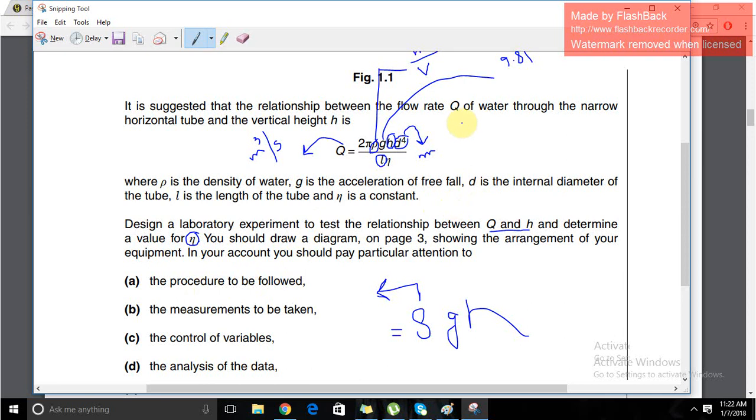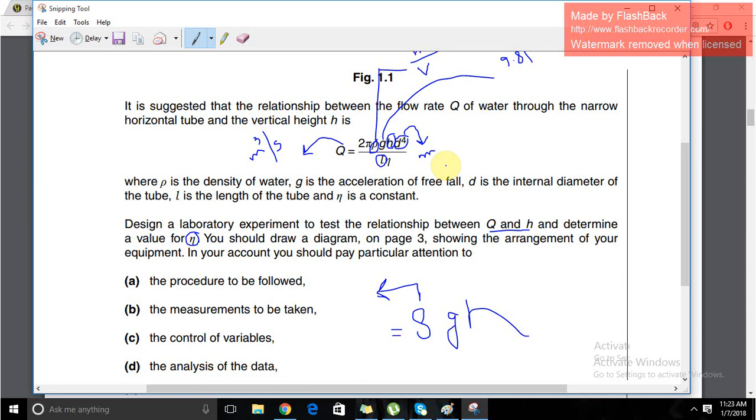Number 1, independent, dependent, constant. Independent, height, dependent, flow rate. Constant: temperature needs to be kept constant so that the density is unchanged.